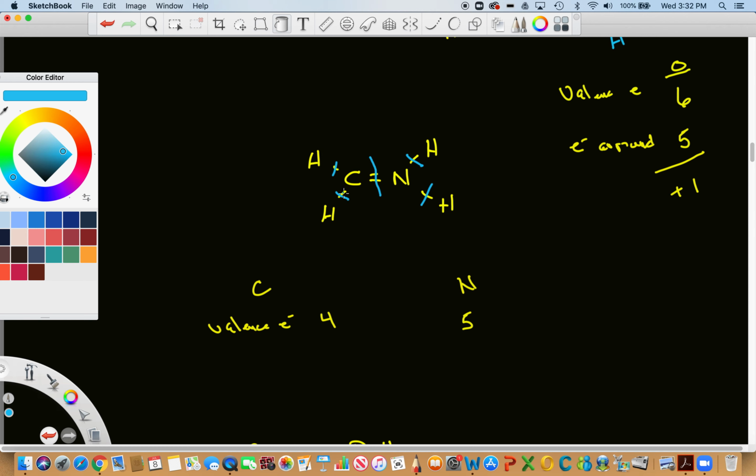Now we count around the carbon: 1, 2, 3, 4. We subtract 4 because that's how many are around it, and we get 0. Nitrogen, we count 1, 2, 3, 4. We subtract 4 and we get a +1.